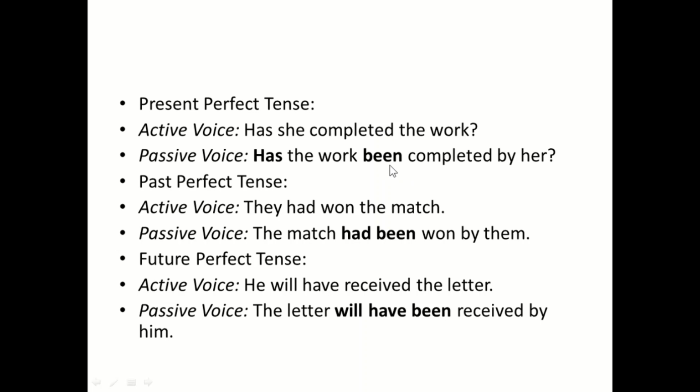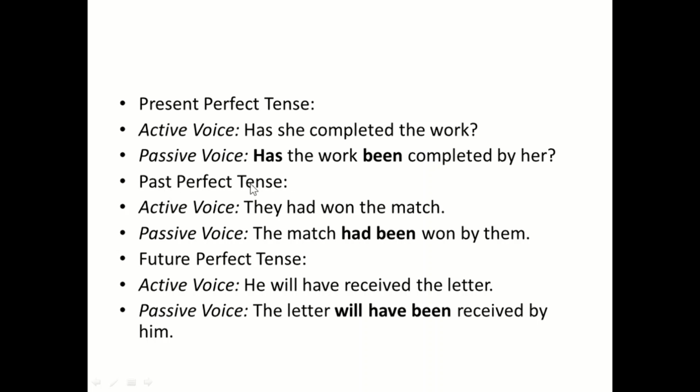This is for the perfect tense. So here passive voice is: has the work been completed by her? As you can see, because it's a question, the helping verb is here at the beginning to make it a question. Or you can change it into a simple form, not a question form. The declarative sentence will be: she has completed the work.